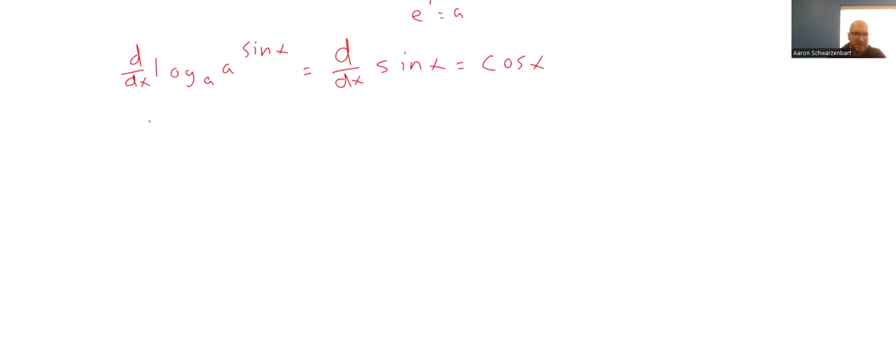Let's say we did it: 1 over A to the sine x times ln of A times the derivative of A to the sine x, which is A to the sine x times cosine x, or A to the sine x ln A. That becomes over 1 times cosine x. All of that cancels and I'm left with cosine x either way.